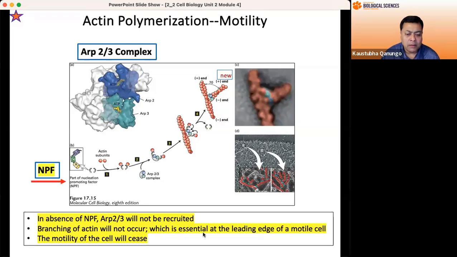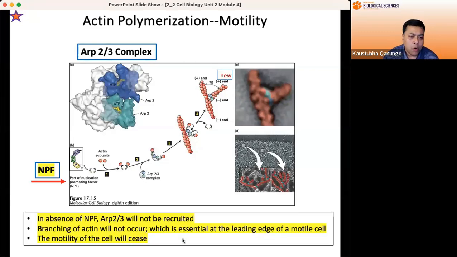Branching of actin will not occur, which is essential at the leading edge of a motile cell. The motility of the cell will essentially cease. Sometimes we can ask you questions like: you have a mutation where a cell cannot produce the nucleation promoting factor, or a mutation where the cell cannot produce the ARP2/3 complex, and this is a motile cell.